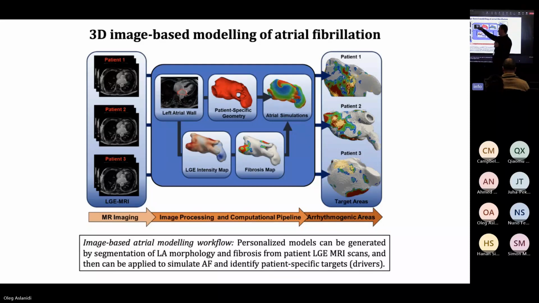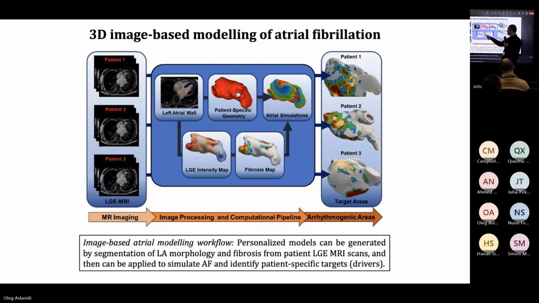We start from MRI images from a collection of patients I mentioned in the clinical trial I showed before. There were several hundred. We can create several hundred models based on several hundred images. From each image, we reconstruct the wall of the chamber of our interest, in this case, the left atrium.